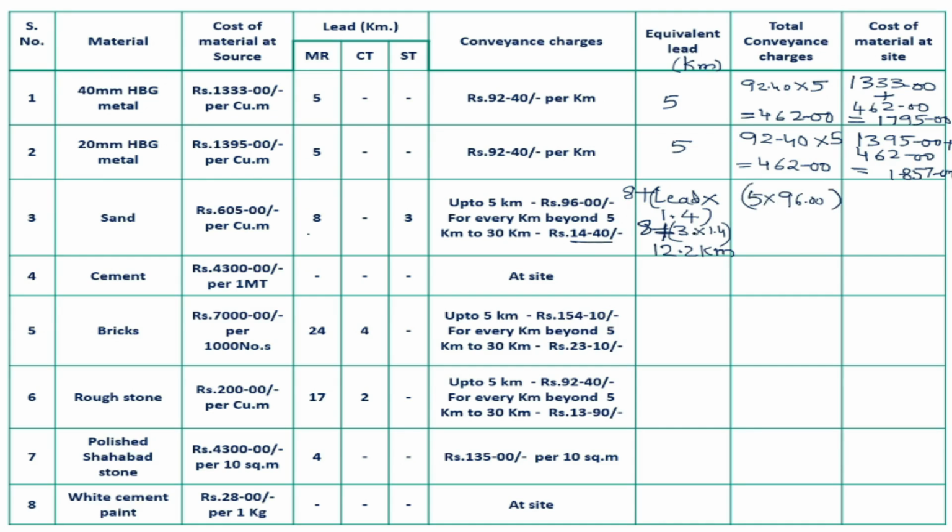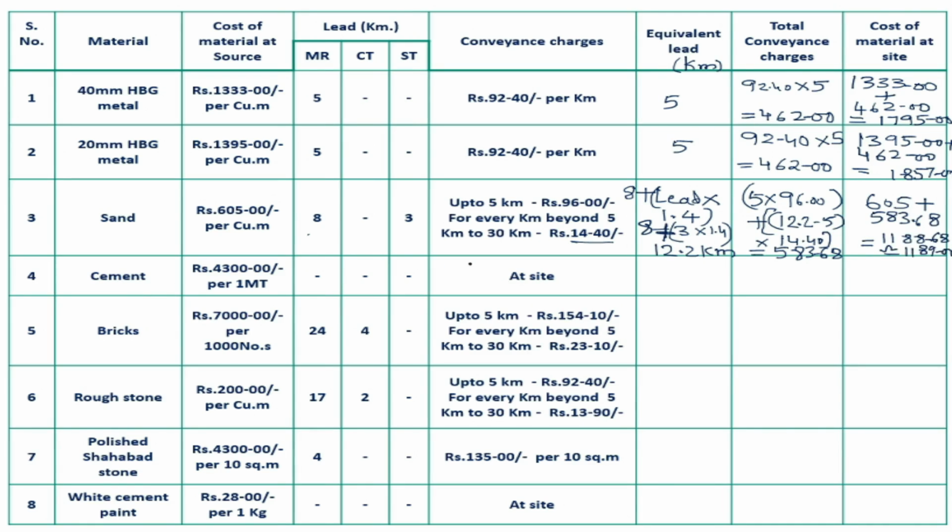So beyond 5 kilometers, 12.2 kilometers minus 5 kilometers into 14.40. Therefore, total conveyance charge is 583.68 rupees. Cost of material at site is equal to 605 plus 583.68. Total cost is equal to 1188.68 rupees. We can round it to 1189 rupees.